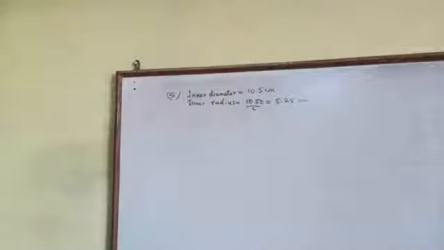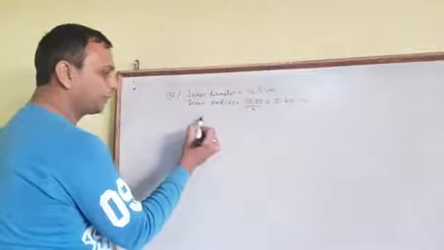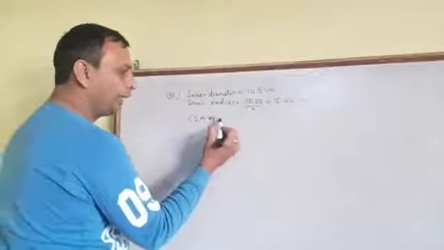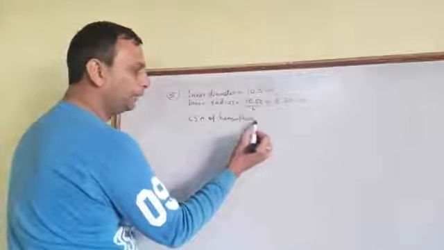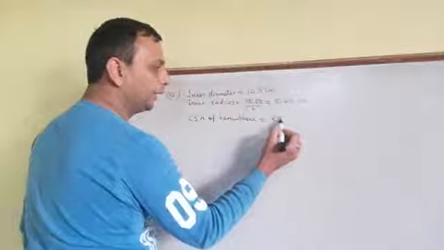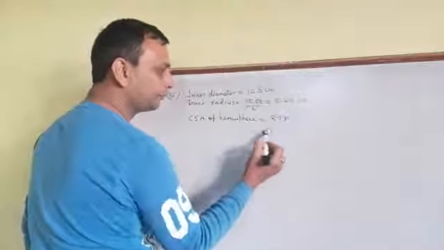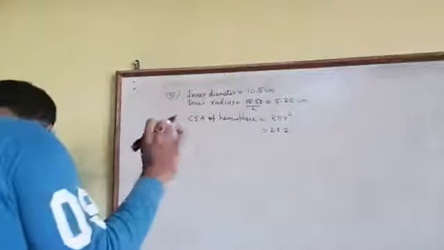So what is the cost of the thin plating? First we'll find the area of the hemisphere. Curved surface area of hemisphere will be 2 pi r square. The pi value we have to take is 22 upon 7 only.